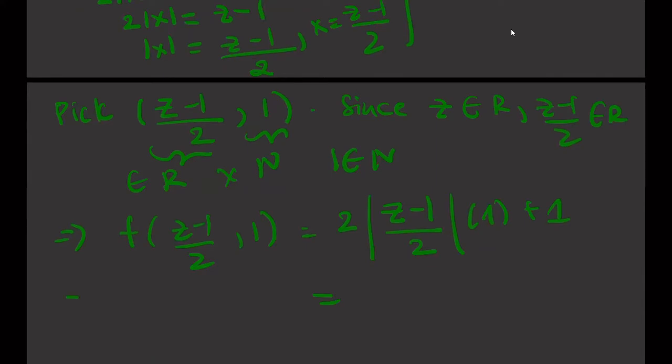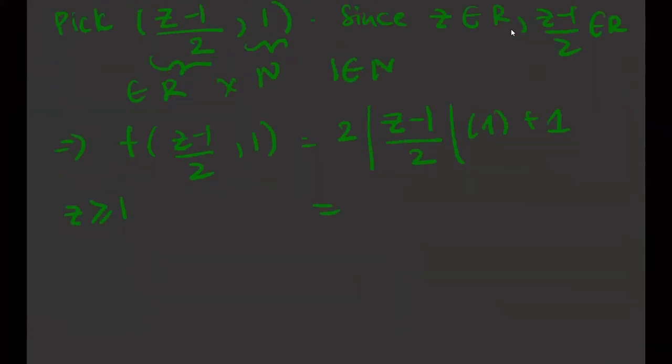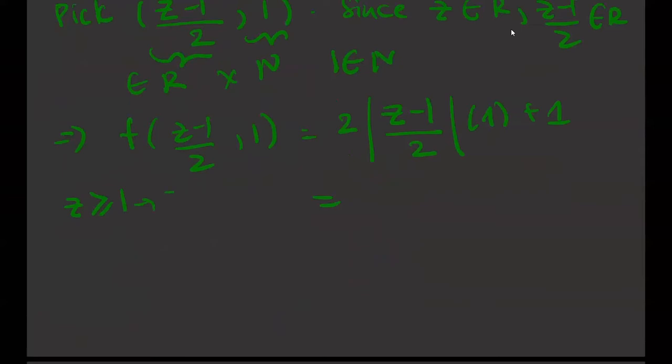So I know that z is greater than or equal to 1 because we pick z from this. So z is greater than or equal to 1. So z minus 1/2 is greater than or equal to 0. So the absolute value of a non-negative number equals itself. I remember these.